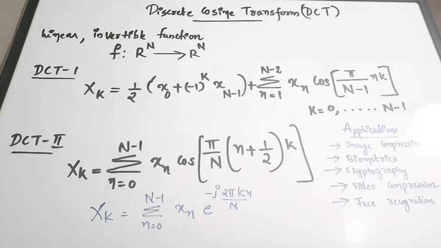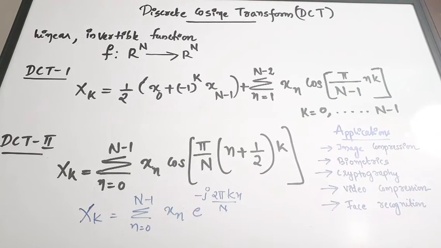The main application of DCT is in image processing. If you have studied digital image processing, then you should have studied this term, because we mainly study DCT in the image processing area. The main applications of DCT are written here on the board.